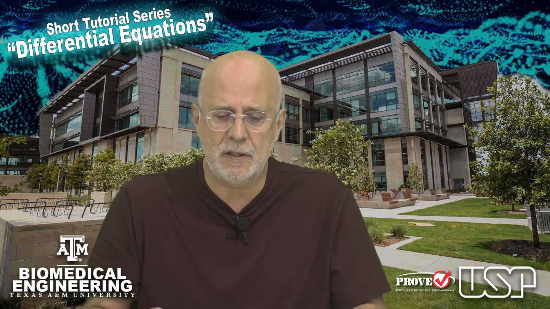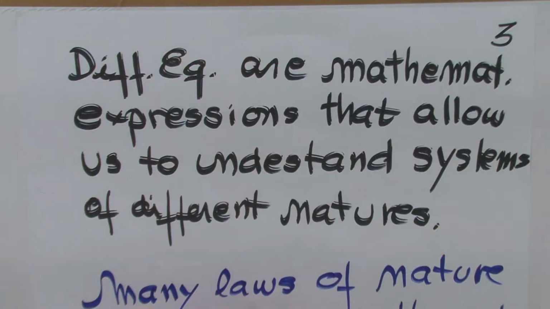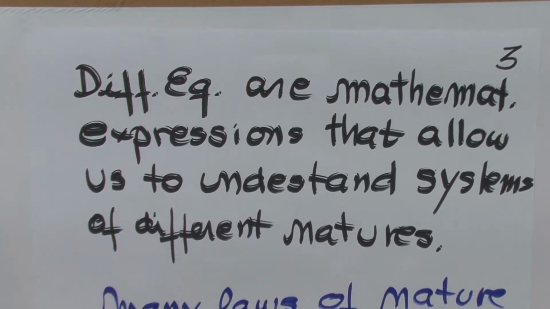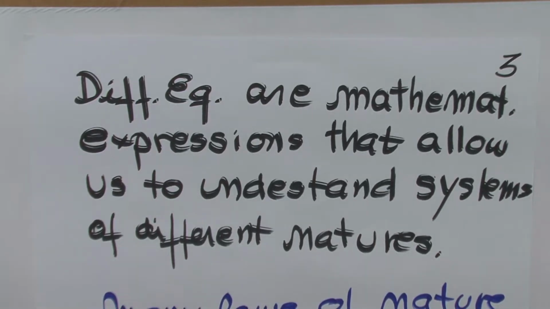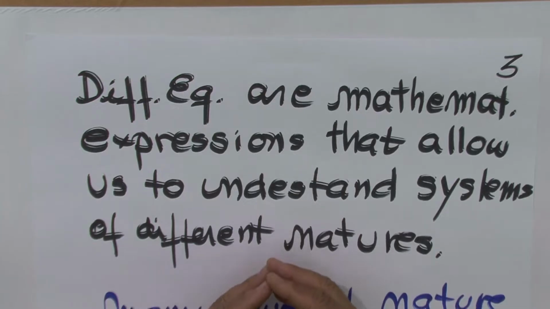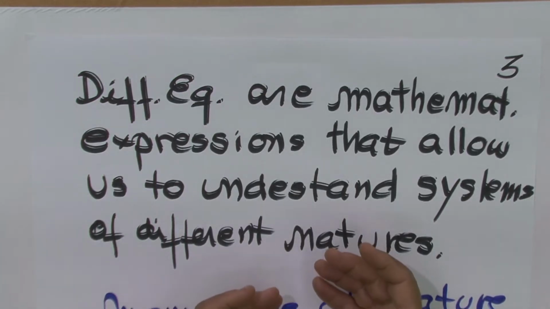Okay, well, differential equations, we are now able to define in a little better way, and we could say that differential equations are mathematical expressions that allow us to understand systems of different natures and their interdependence, right?